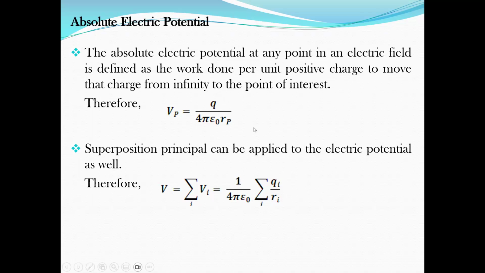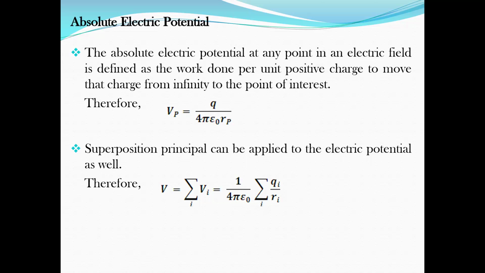Then 1 over 4 pi epsilon naught, we can take as k. kQ over Rp is the equation related to the electric potential.